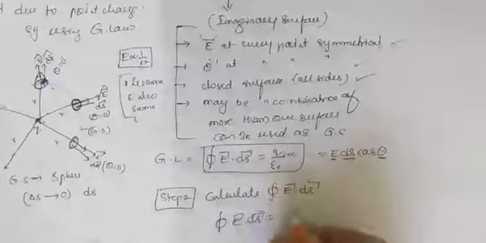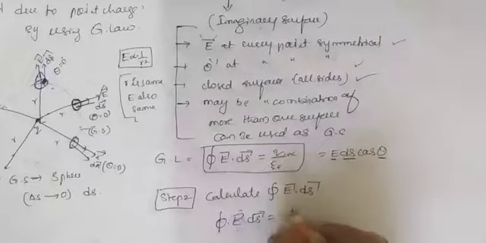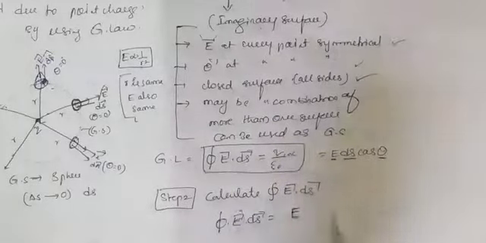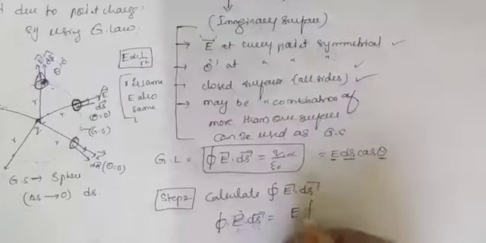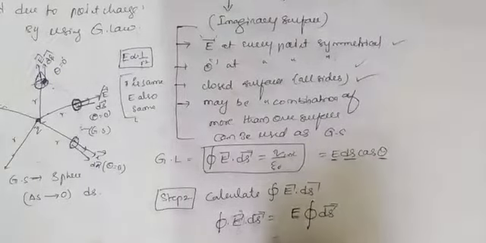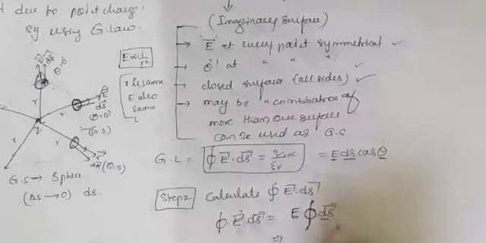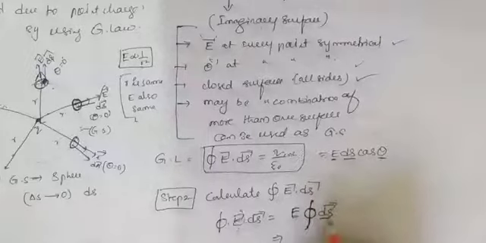The electric field at every point is constant, so we can take E outside as a constant, and here we have to take the integral only for ds. So the integration over the closed surface, that is over the small areas, gives the complete area.